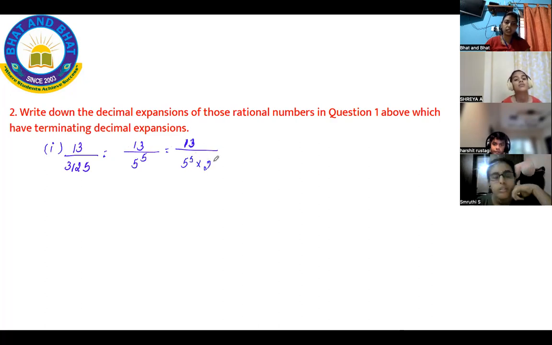So I will take 2 raised to 5 and the same thing will be multiplied in the numerator also. So if you do same multiplication in numerator and denominator, the value is not changed. Value remains same. Okay. So we have not violated the mathematical rule. So this will be equal to, now how much is this? 2 raised to 5. How much is 2 raised to 5?